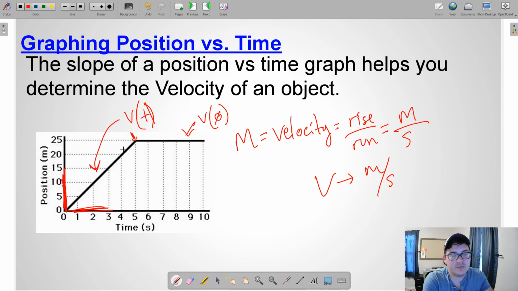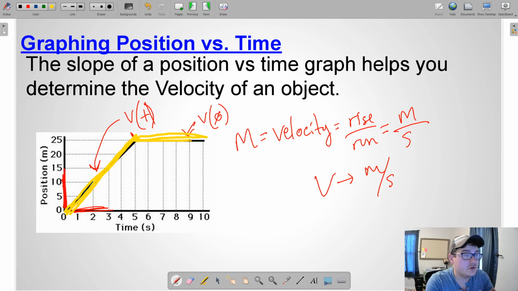In this moment, when velocity goes from some positive number to 0, the velocity has changed. So what is this object doing? Overall, this object is going some positive direction, some positive distance, for 5 seconds, and then it stops moving.